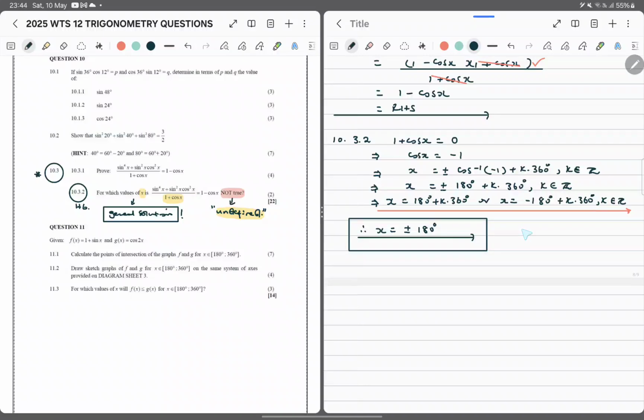But one can argue that, okay, in our Cartesian plane, we only have 4 quadrants from 0 up until 360 degrees, and of course, negative angles. Minus 180 is like the negative angles.